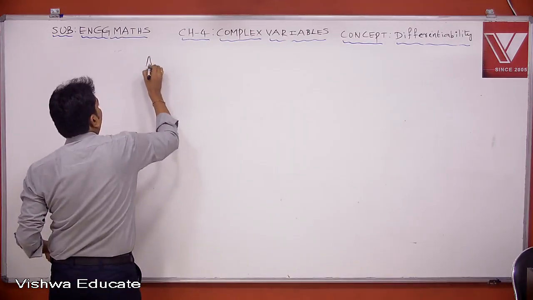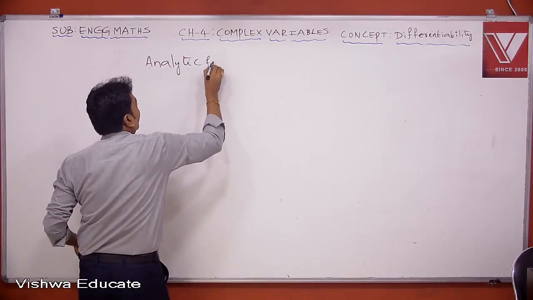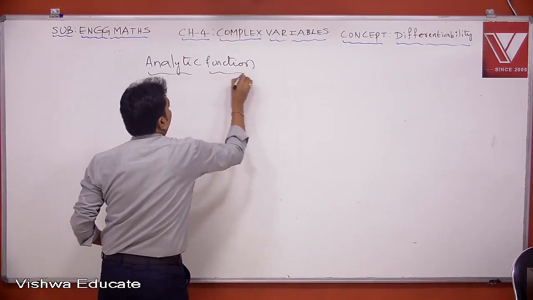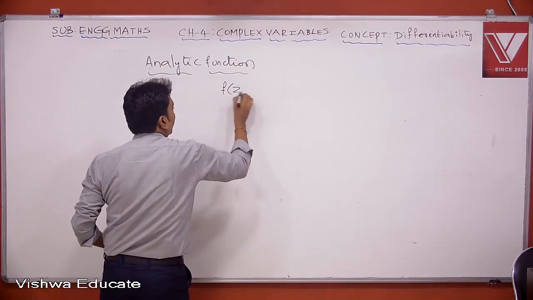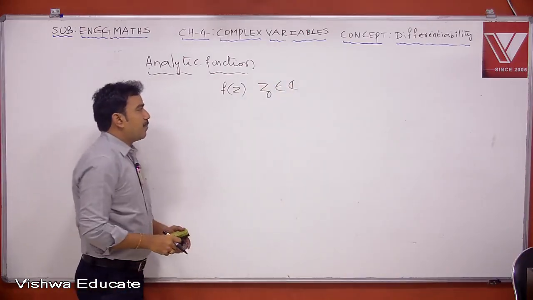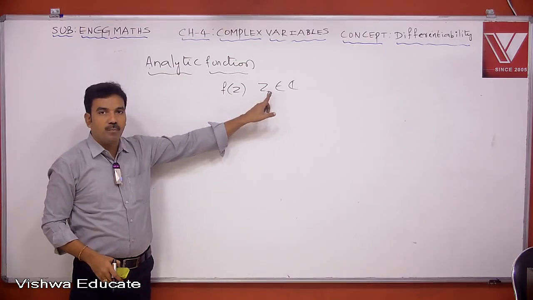Next definition, analytic function. Very, very important definition. Suppose we have a complex valued function f(z) and z0 is a particular complex number. This is my complex valued function. This is my complex number.